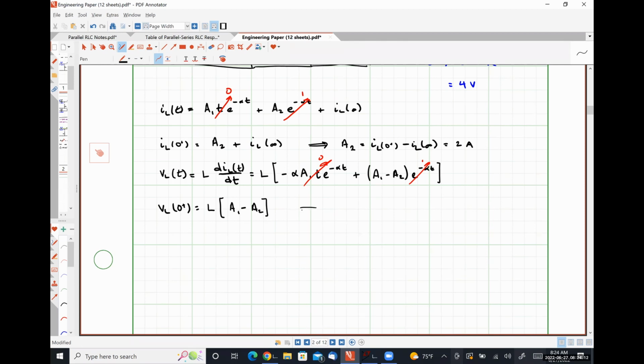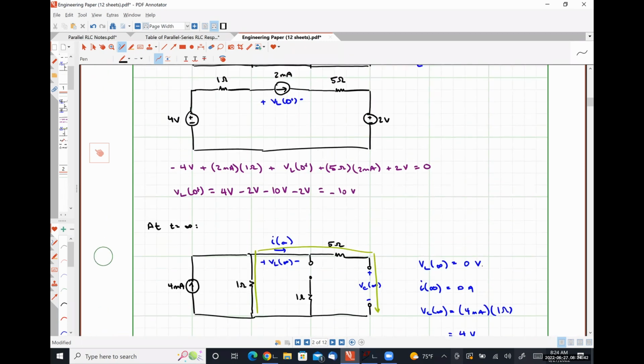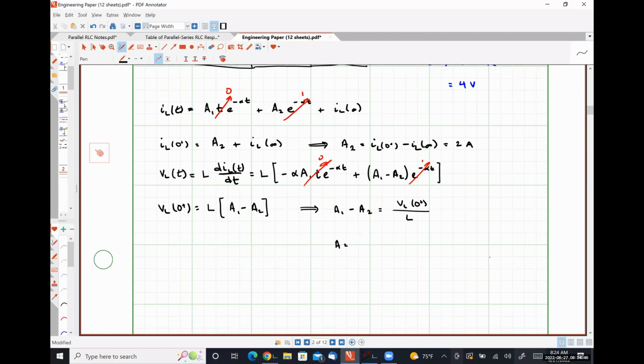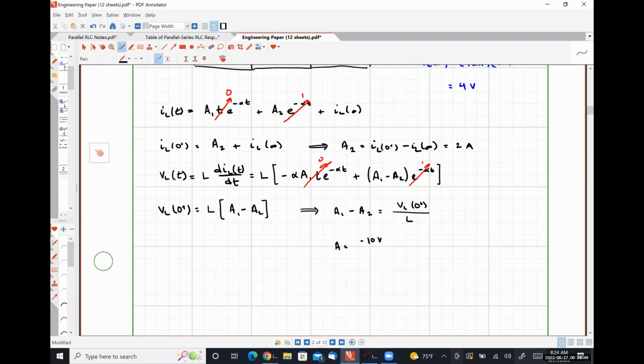So from this, we can say that A1 minus alpha A2 is equal to VL of 0 plus divided by L, or A1, which is what we're trying to find, is going to be VL of 0 plus, so that was negative 10 volts, divided by our inductor value, which was 4.5 henries, plus alpha A2, where we found A2 to be 2 amps in a previous step.